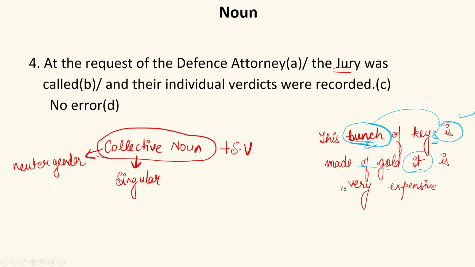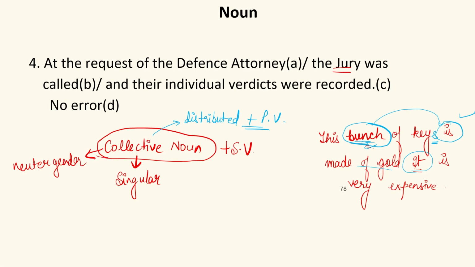Now this is one part of this. Another part is that whenever a collective noun is used in distributed form, we use a plural verb with it. How? When a collective noun is used in distributed form, it means we are not talking about the collective noun as a group, but about the members or the contents in it.